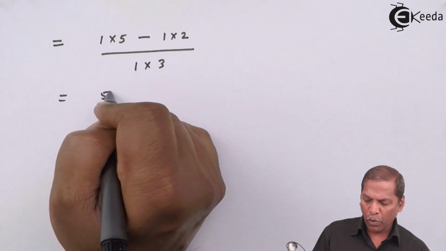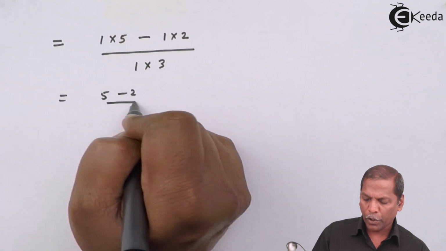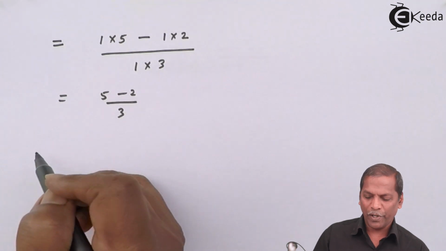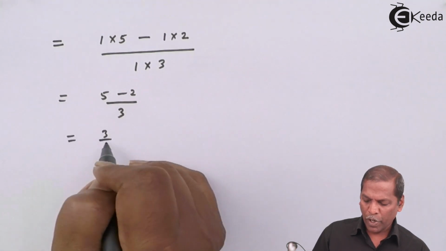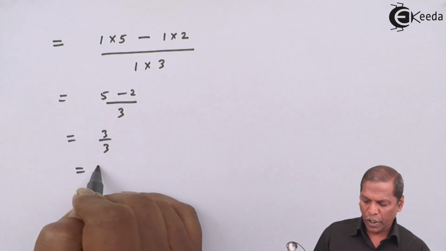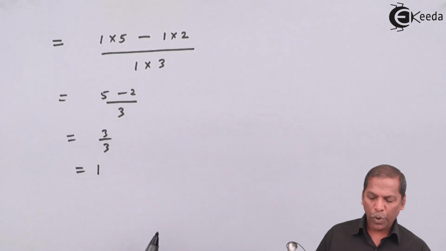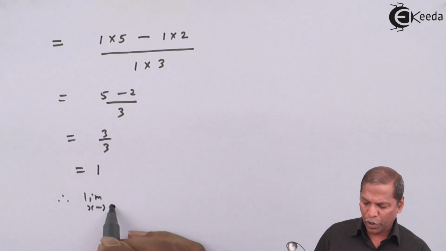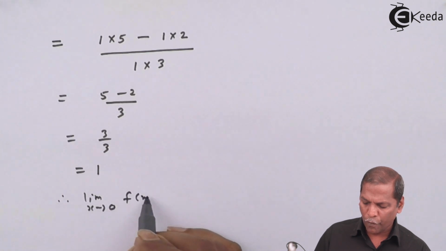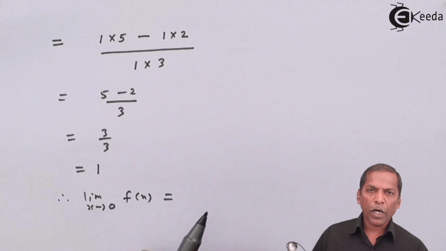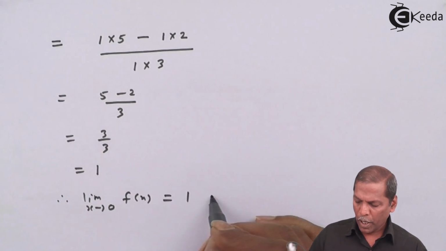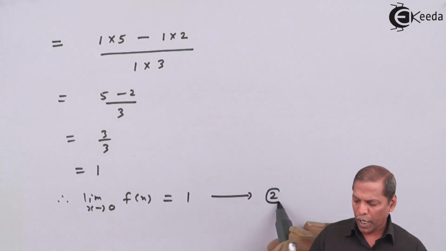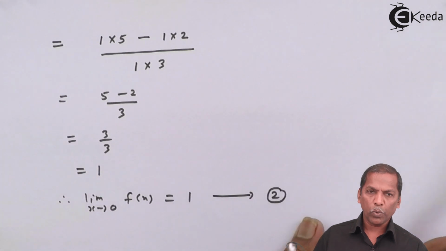So that equals (5 minus 2) upon 3, that equals 3 upon 3, that equals 1. So in this way we get limit x tends to 0 of f(x) equal to 1. Let us denote this as equation 2.